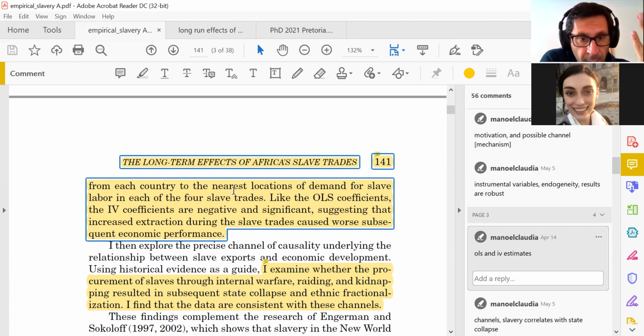But there was a lot of demand for slaves coming from the new colonies in the American continent, especially the south of the United States, right? The deep south, the deep American South, and the northeast of Brazil, and also from what we call the West Indies, right? It was essentially, there was a lot of demand for the slaves to work in those sugar and tobacco plantations of the American continent.